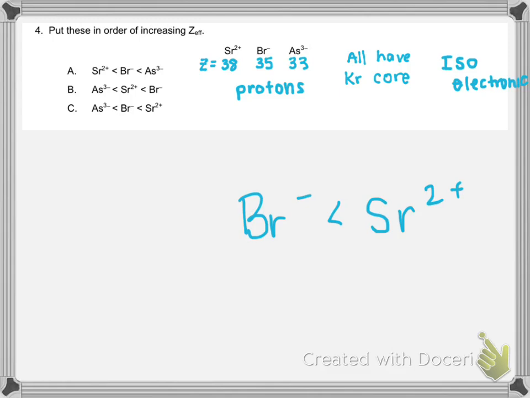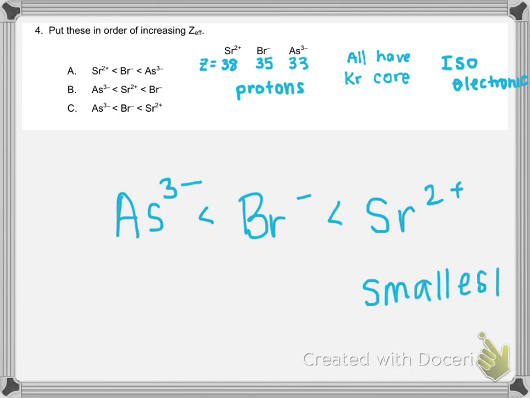Br- in the middle, and As3- will have the lowest Z effective. And so in terms of size, this is the smallest of the three, and this is going to be the largest. So the answer here is C.